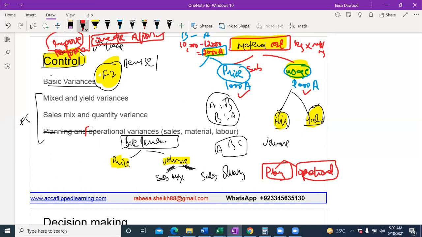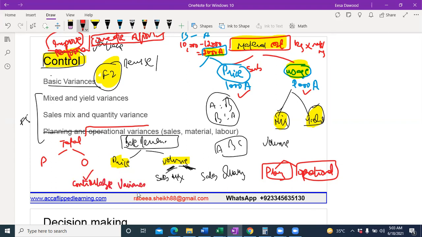So we need to break the total variance into planning variance and operational variance, and the manager would only be responsible for the operational part because it shows what he could control. These are the controllable variances.